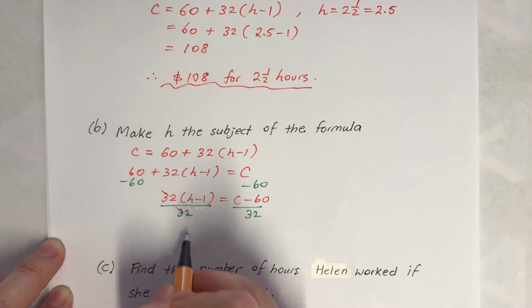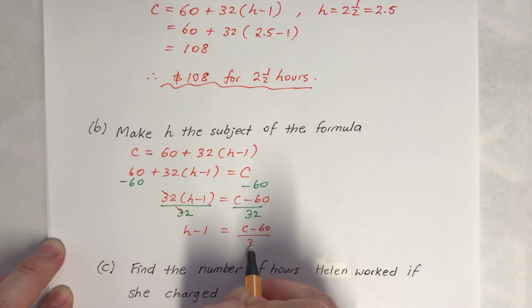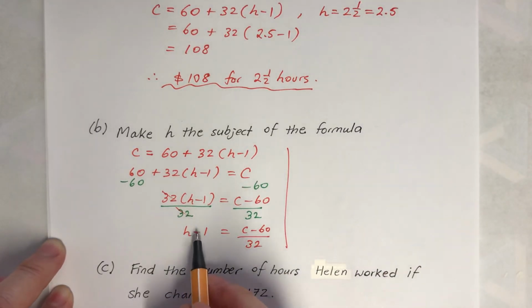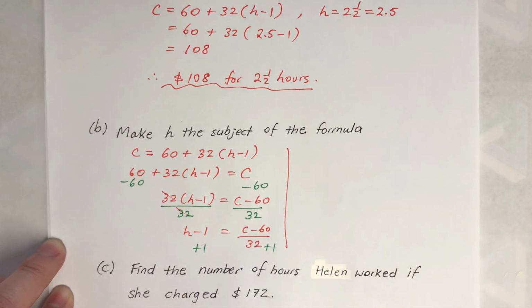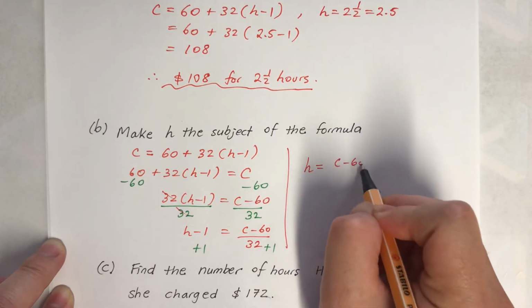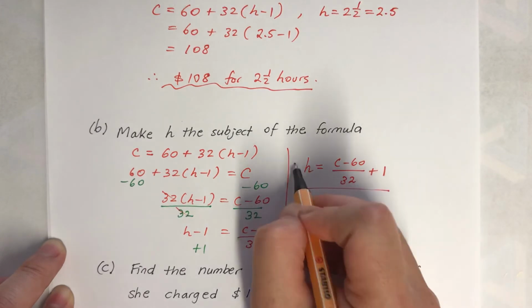So I'll cancel this. I'm left with that and 32. Okay, so I'll go on here. And I want this to plus 1. If I do that, I will be left with H equals C minus 60 over 32 plus 1. There you go.